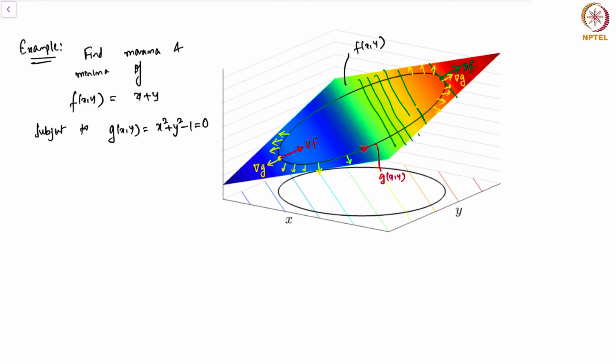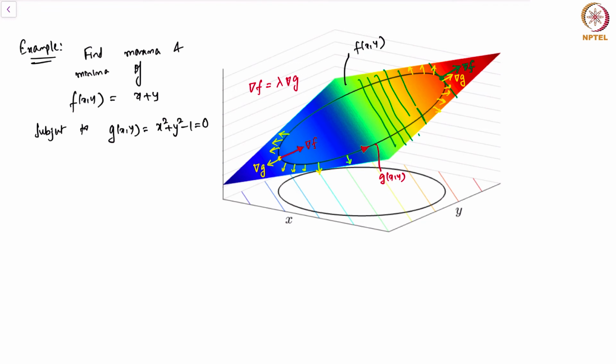So the gradient of f and the gradient of g are parallel or anti-parallel to each other, and therefore I have gradient of f is lambda times gradient of g, exactly at the maxima and the minima. Okay. Now let's take up this numerical problem.